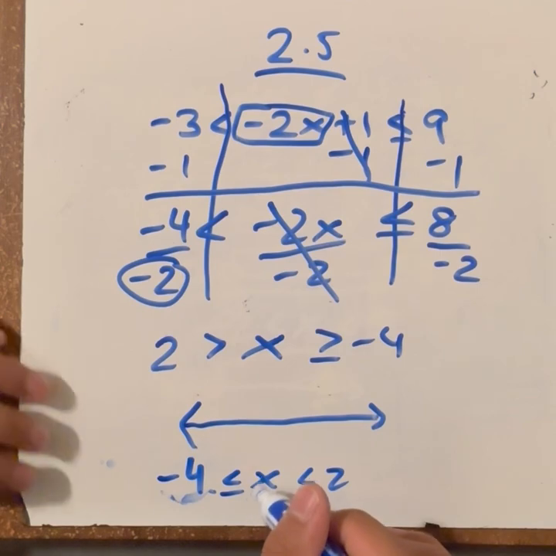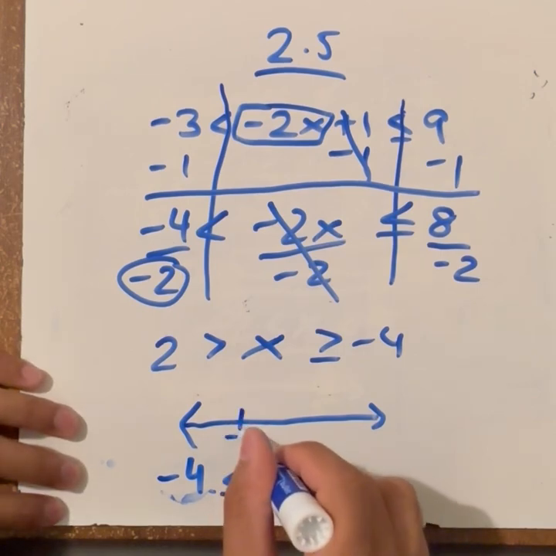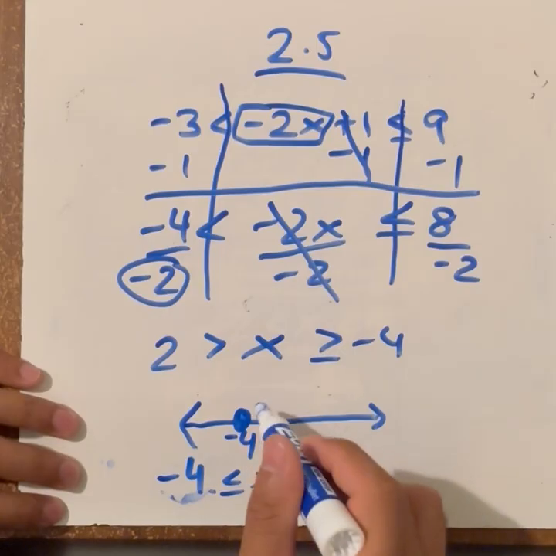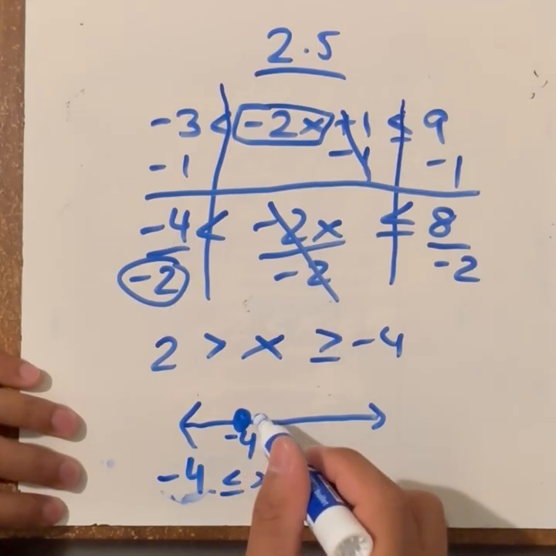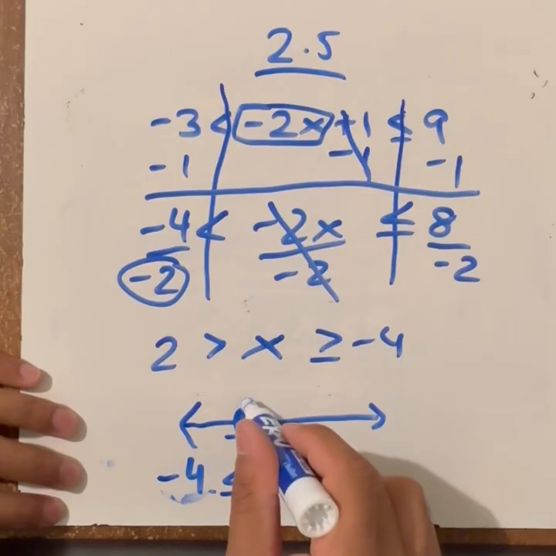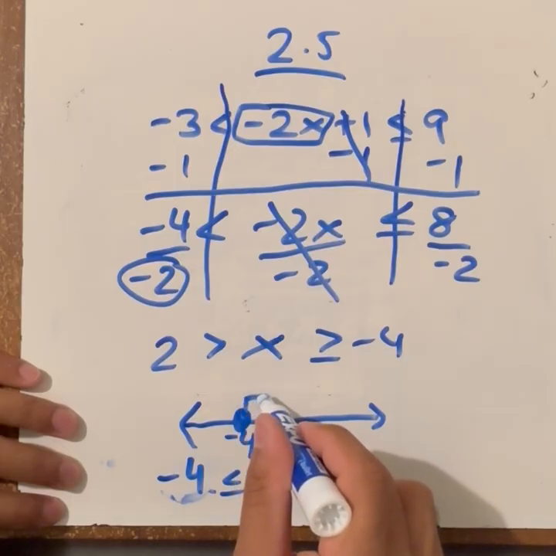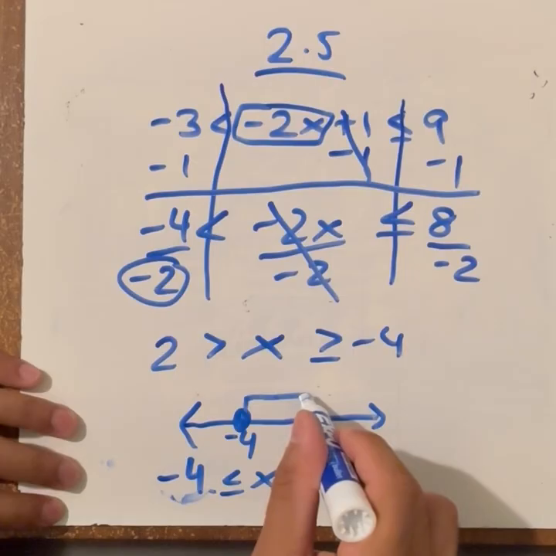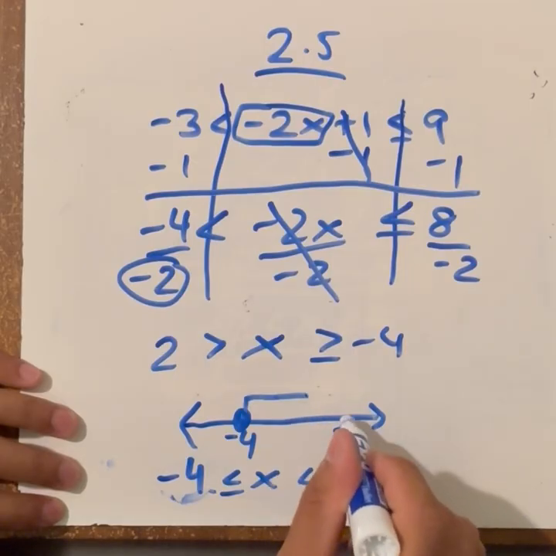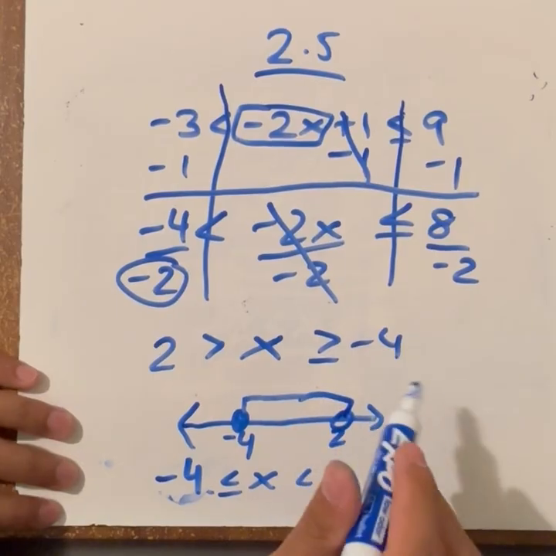Okay, so negative 4 is here with the closed circle at negative 4. Everything that's this way of negative 4. Okay, and x is less than 2. Okay, so the open circle at that.